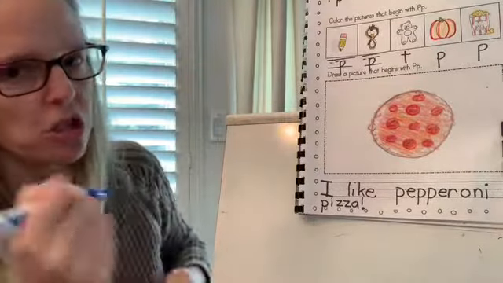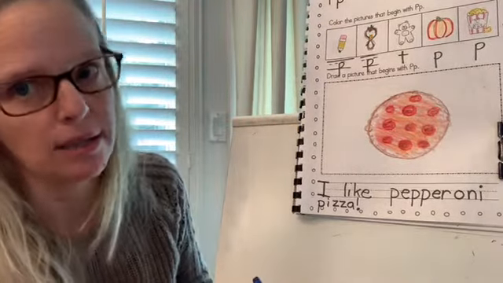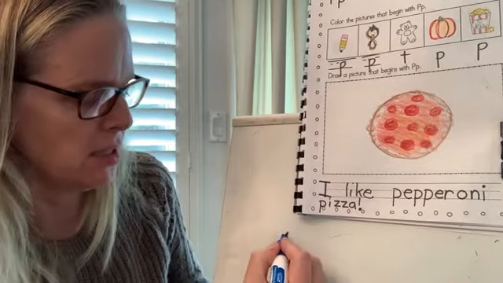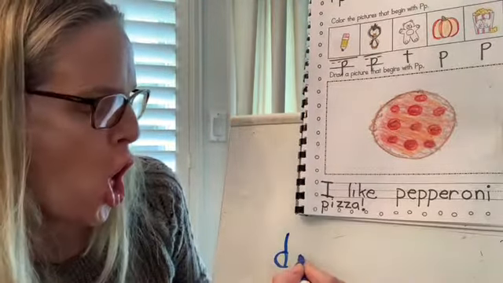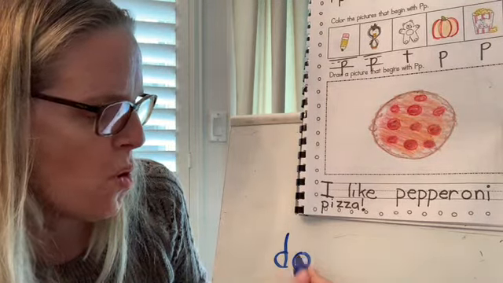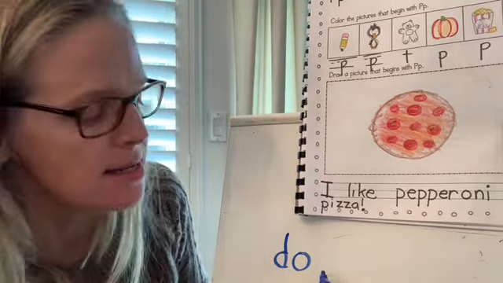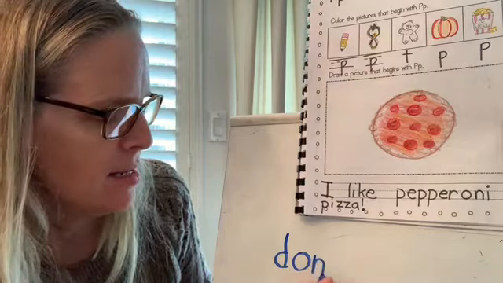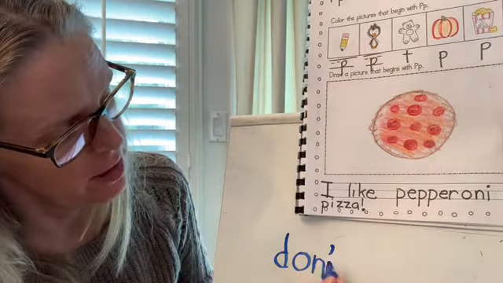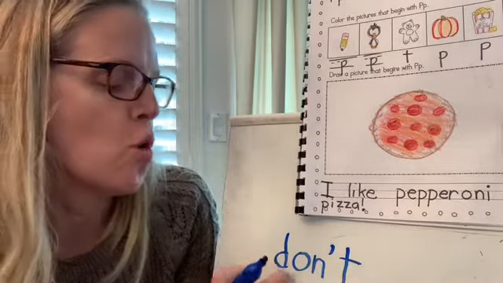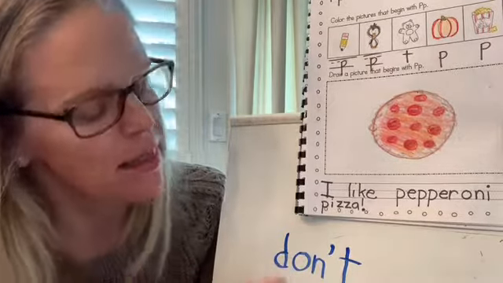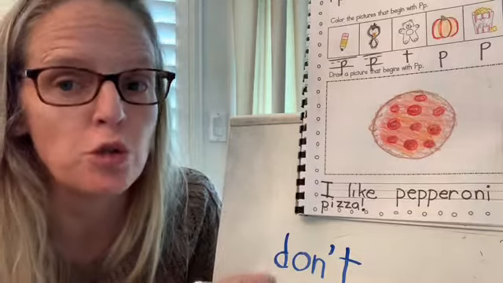So if I'm gonna write I don't like, it would be don't, and then you have to do an apostrophe. Don't. So that's a contraction of do not.